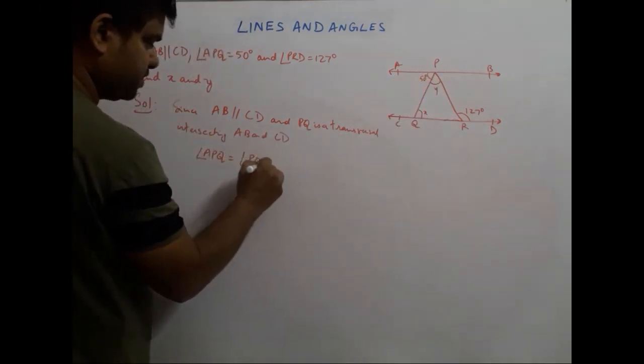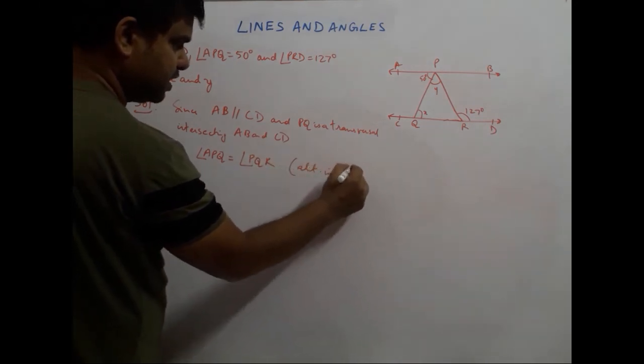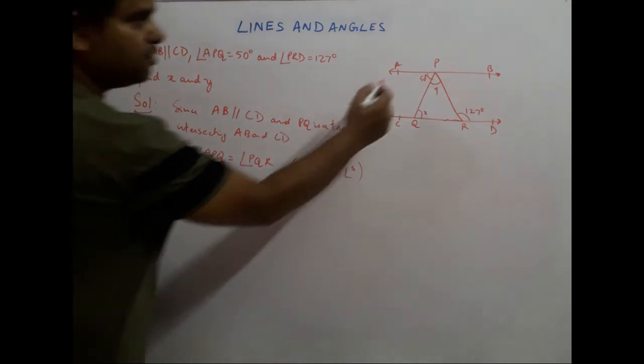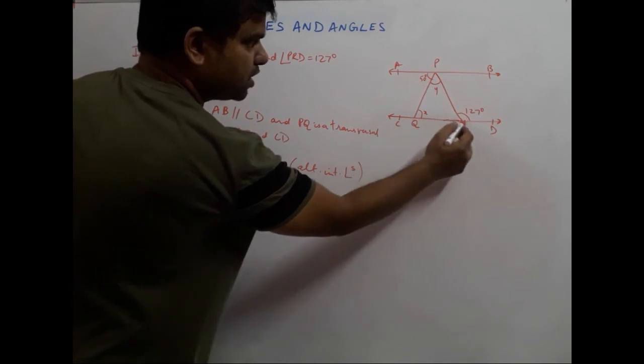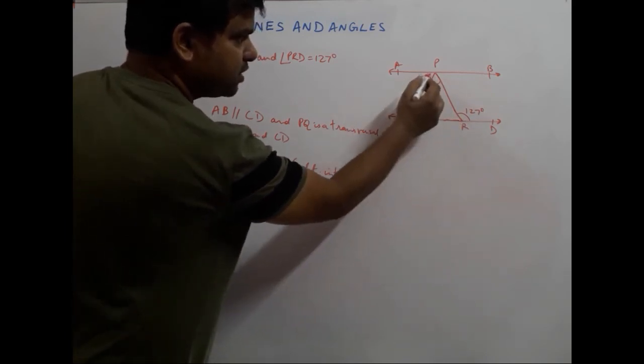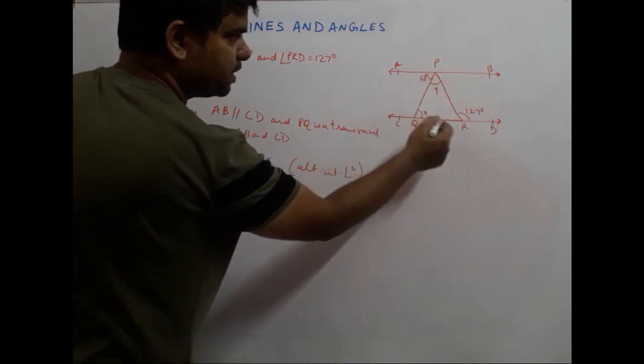How? By alternate interior angles. They form the Z, APQR, Z. So these are alternate interior angles lying between two parallel lines.